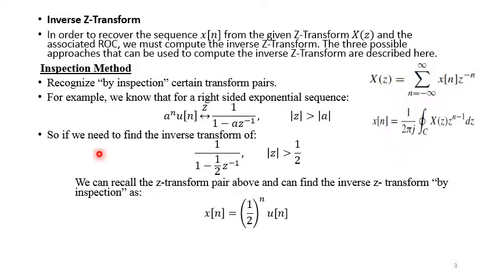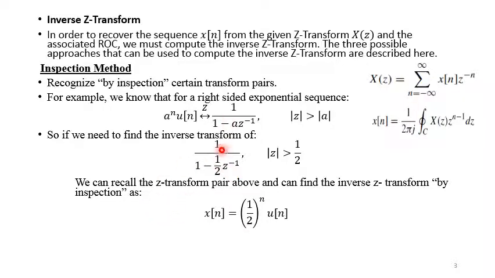So if we need to find the inverse transform of something like this, and you compare it with this transform, you can easily say that a is 1 by 2. So we can recall the Z transform pair above, and we can find the inverse Z transform by inspection as follows.